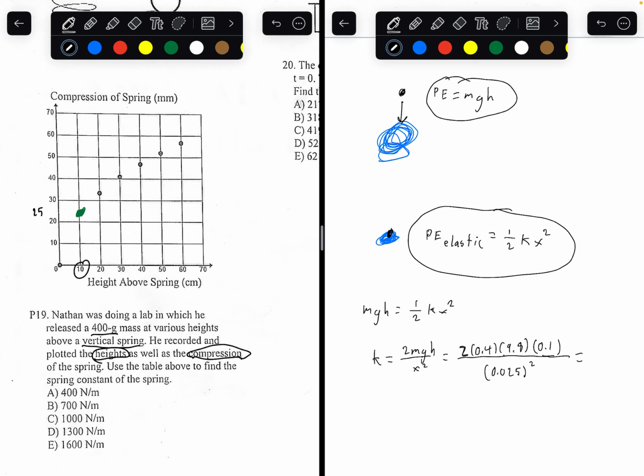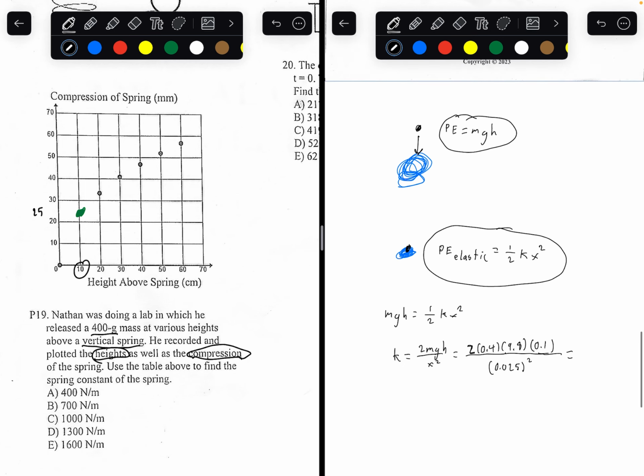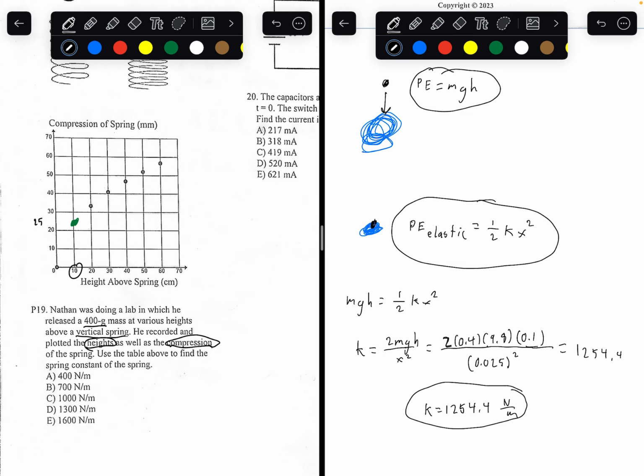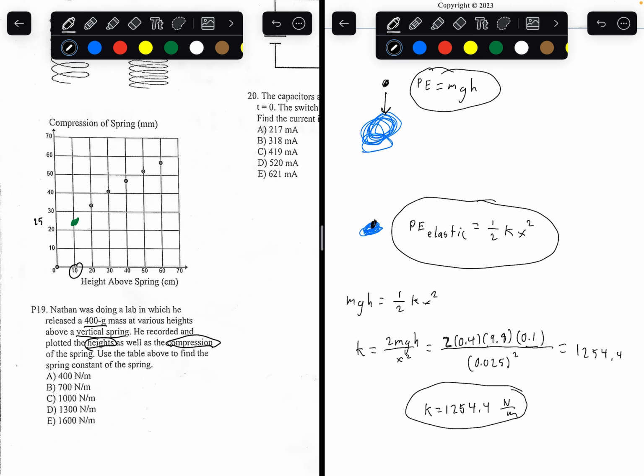You would get a spring constant of 1,254.4 newtons per meter.